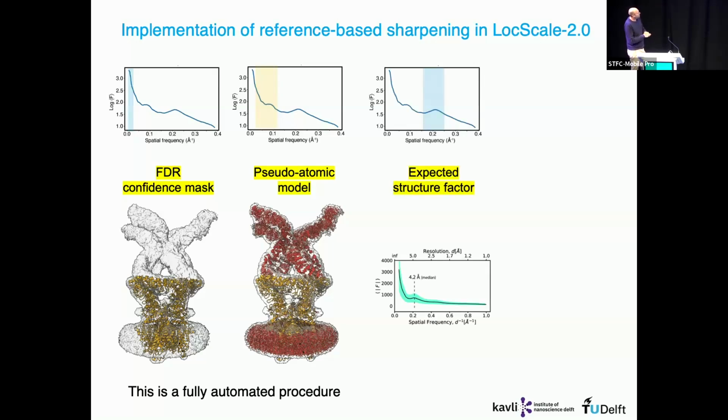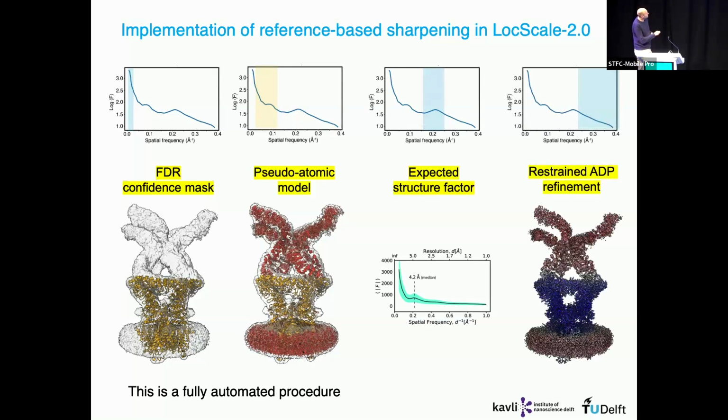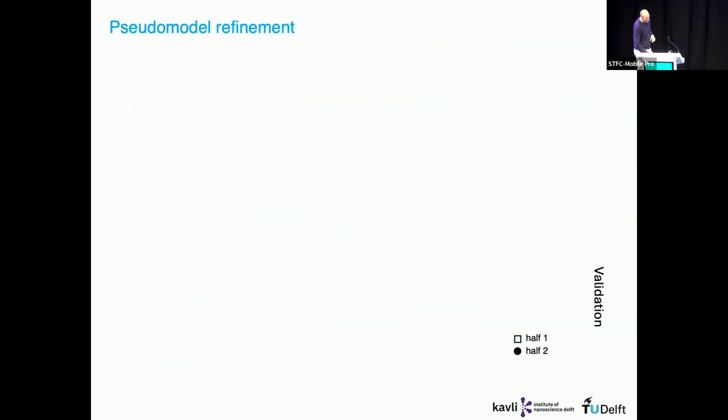Now, we know from prior knowledge what this structure factor should approximately look like on average for a protein, a detergent micelle, or nucleic acids, whatever you want to model. So we can use this to imprint it on this pseudo model. Then we use the pseudo model in a restrained atomic displacement factor refinement in order to get the local variation of the B factor in that structure. And then we can use the procedure in the same way as I showed you previously.